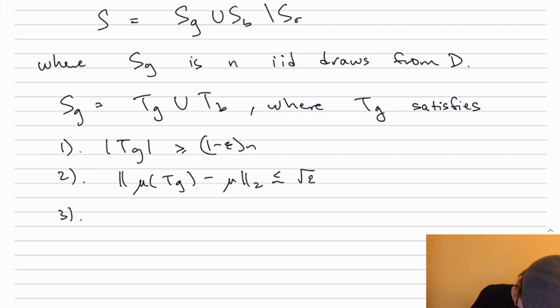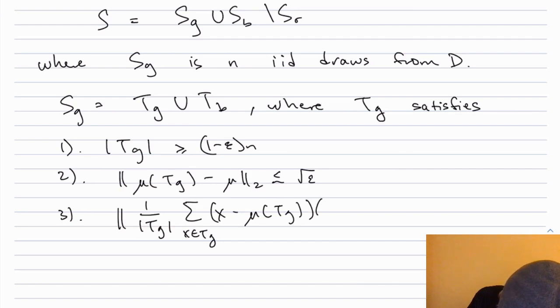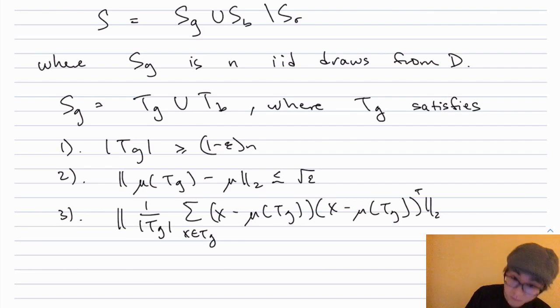And thirdly, the empirical covariance of T sub g is bounded in spectral norm. It's at most, up to some constants, 1.